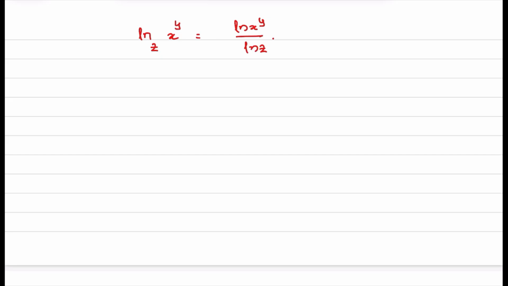Here, logarithm of negative values is not defined, and logarithm of 0 is also not definable. Hence, z is not equal to 1 and z is greater than 0. This is the condition under which this particular value works.